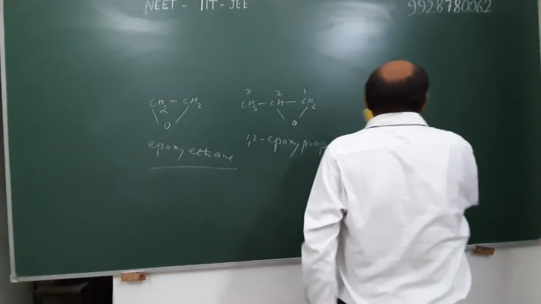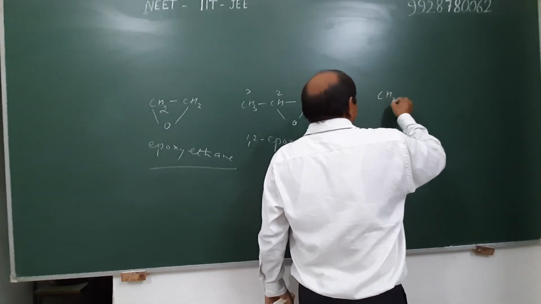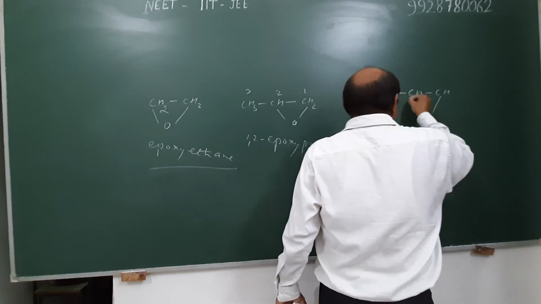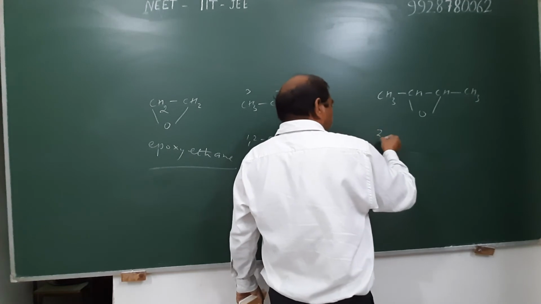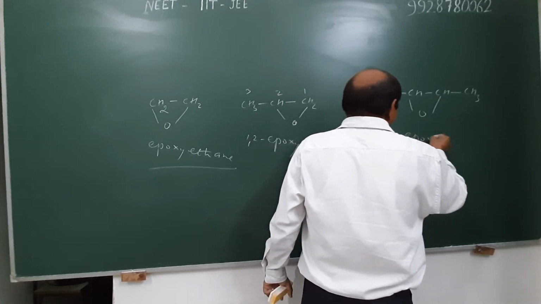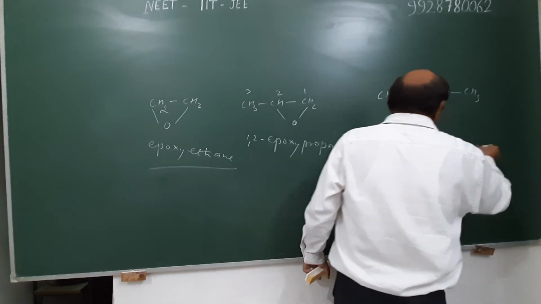Similarly, the IUPAC name of this compound is 2,3-epoxybutane.